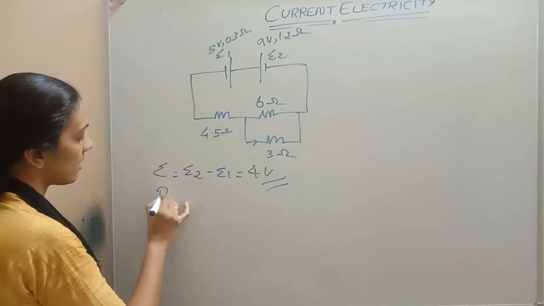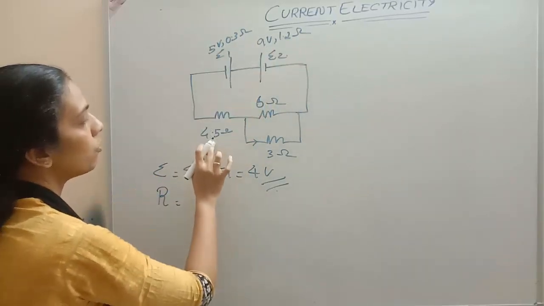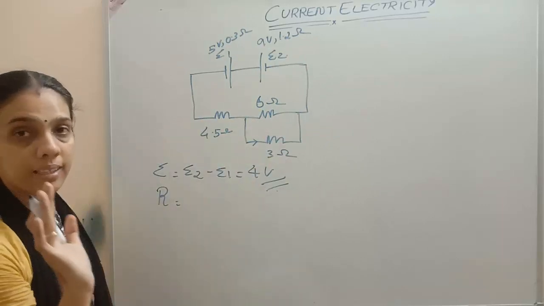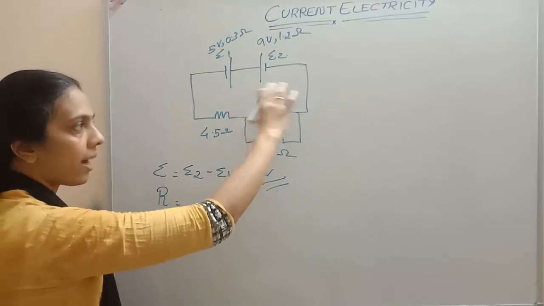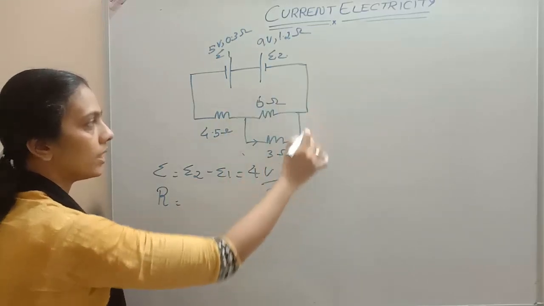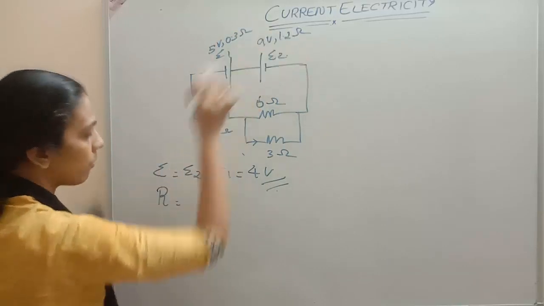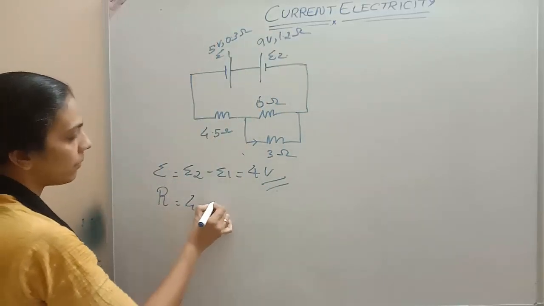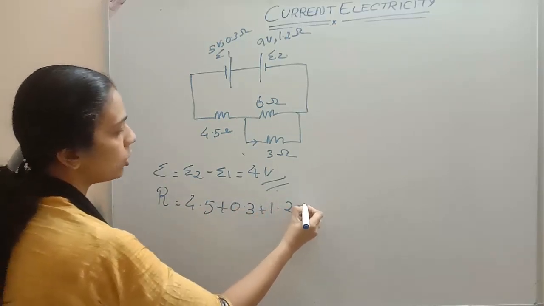Total resistance R equals, see, 3 ohm, 1.2 ohm, 4.5 ohm. These are in series. These two are in parallel. The parallel combination will be in series with 4.5, 0.3 and 1.2 ohm. So here we can write 4.5 plus 0.3 plus 1.2 plus.